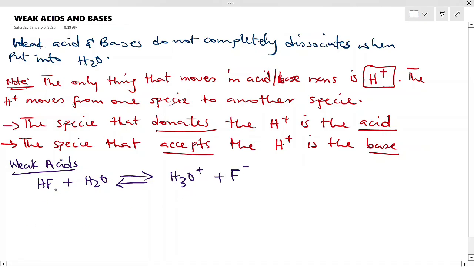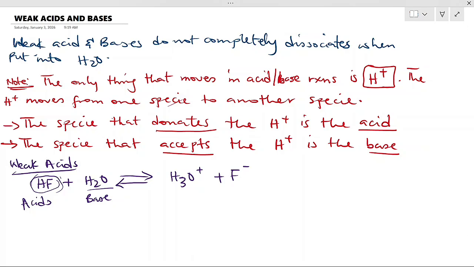Note that HF gives out its proton to water. That indicates that HF is the acid, the one donating the proton, and water is the one receiving the proton and is regarded as the base. So the acid is the one giving the proton and the base is the one receiving it.